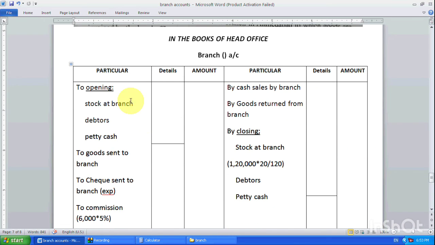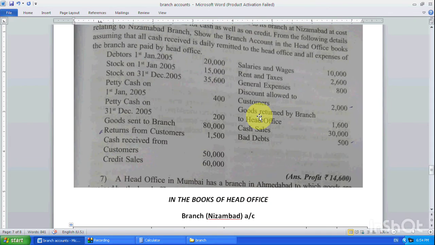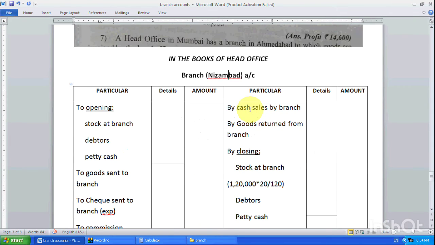Here, in the books of head office, Nizamabad branch account. Okay, I have prepared the proforma here, so let's go to the proforma directly. Alright, opening stock is given.